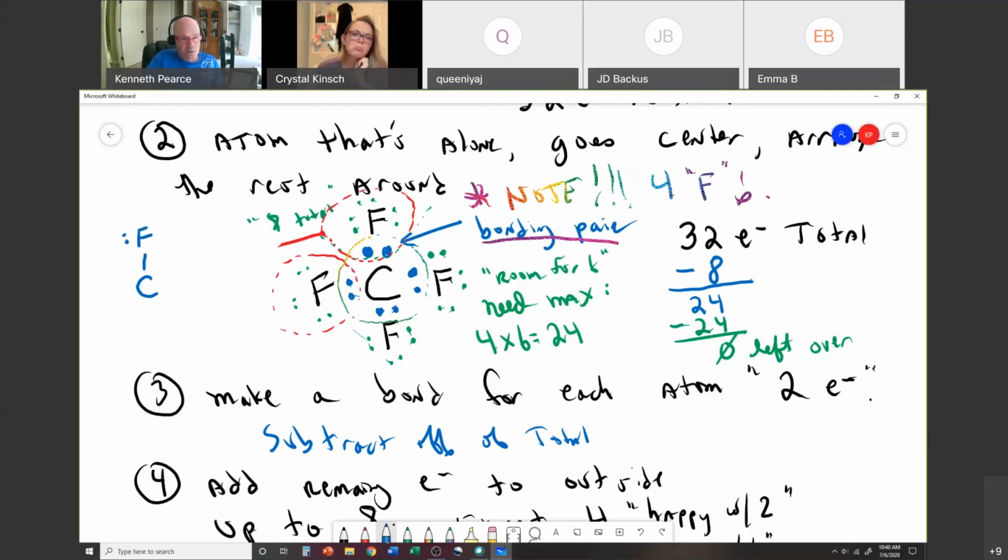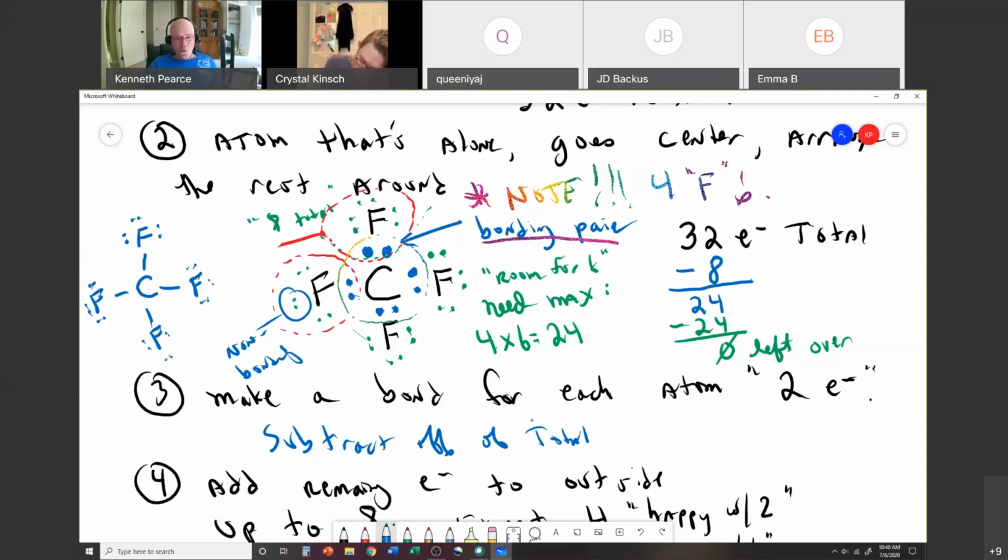To be complete, we would still put in those non-bonding pairs. This is a non-bonding pair. We'd still put them in there, but we would replace the bond with a line. There we go. So we have replaced the bonding with lines, and that's our structure right there.